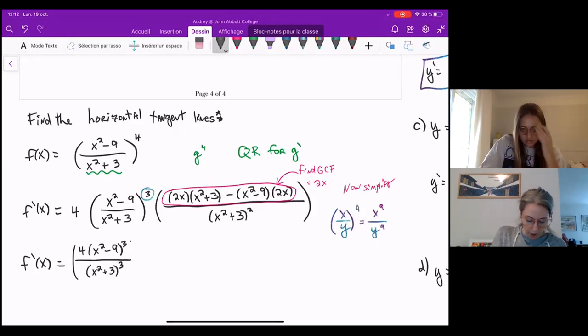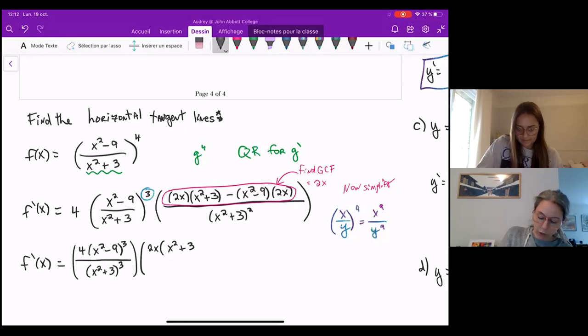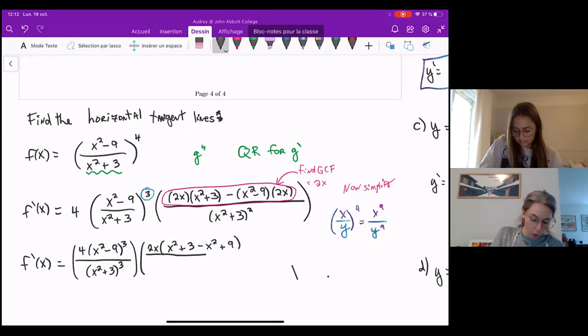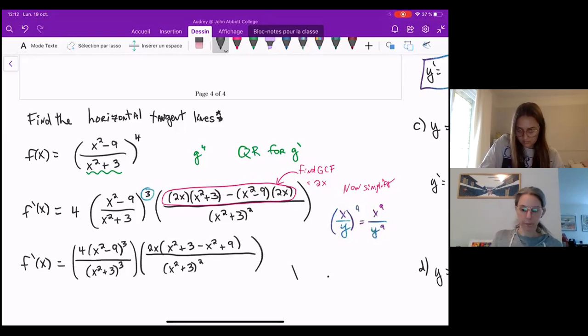And that's my first fraction. And then in the second one, I'm going to pull out that greatest common factor. And what I have left over is x squared plus 3 minus x squared plus 9, all over (x squared plus 3) squared. Okay, are there any questions so far about the simplification that I have done?